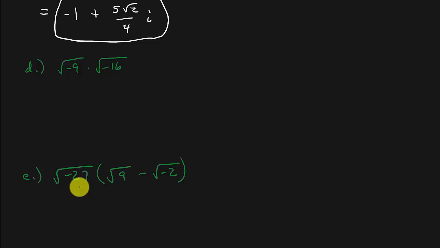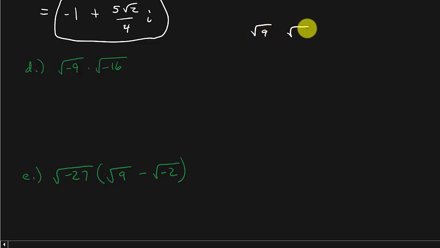Now, we can't just multiply the 9 and the 16 and then take the square root. We've got negatives under each one. Okay? You've got to simplify the radicals first before you multiply them together. Now, if this were the square root of 9 times the square root of 16, both of them positive, or the square root of negative 9 times the square root of 16, one negative, one positive, you could.